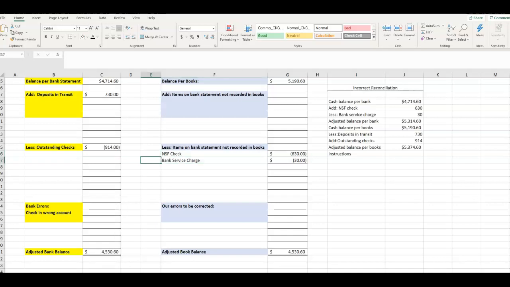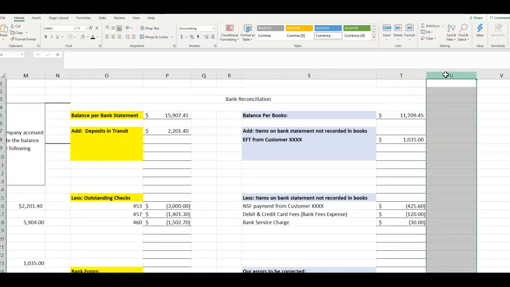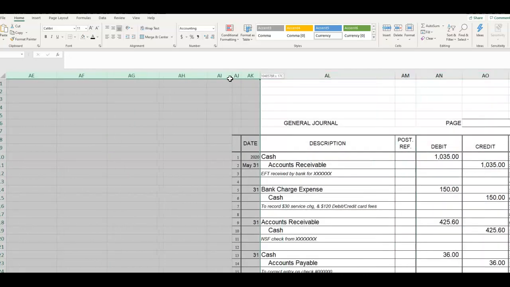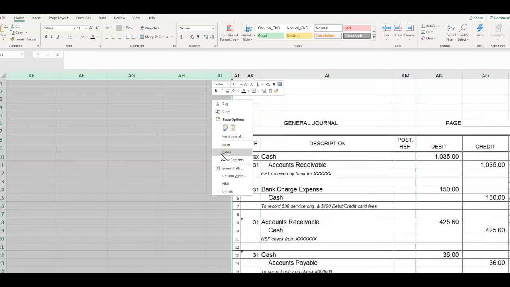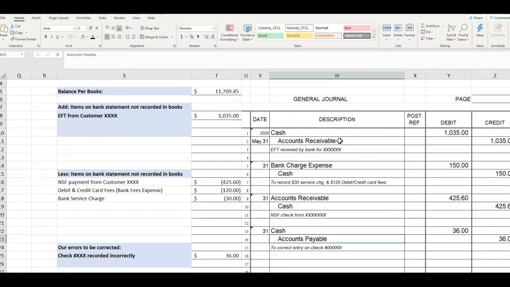So let's go over here to the PowerPoint example, and we will see if we can get the entries over there. I think they're over here, way over there. And the first was the $1,035. We debited cash, credited accounts receivable, just as if somebody had handed us cash.